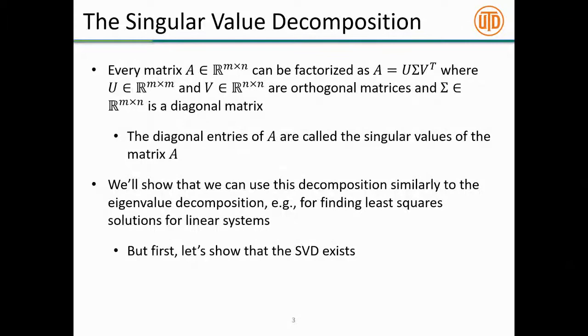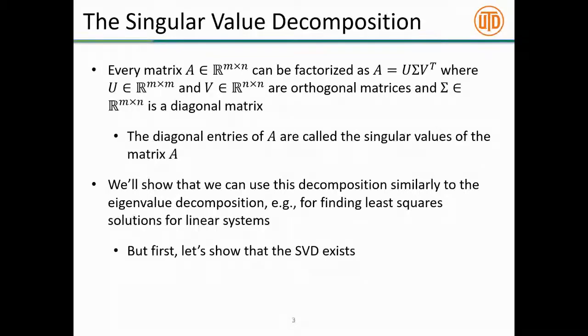The singular value decomposition is exactly that generalization. It applies to arbitrary matrices, not necessarily square. If you're given an M by N matrix, the singular value decomposition factorizes A as U times sigma times V transpose, where U is an M by M matrix and V is an N by N matrix.